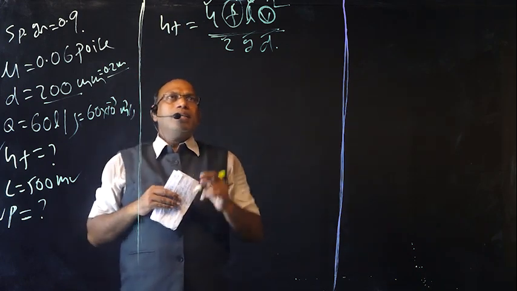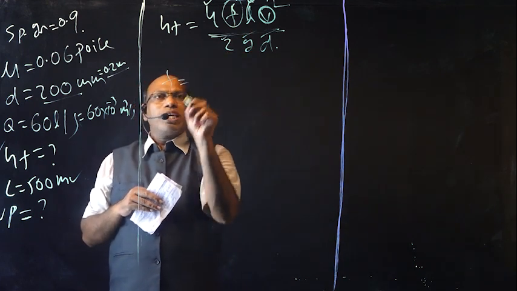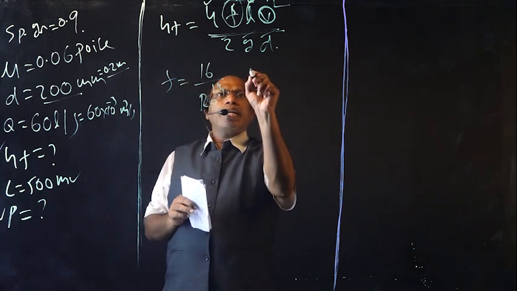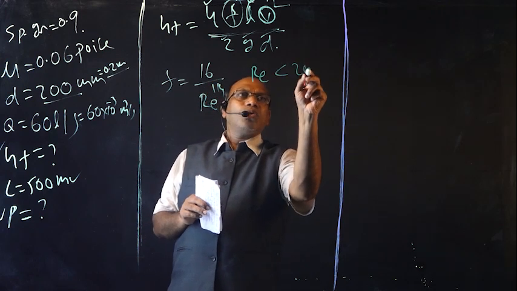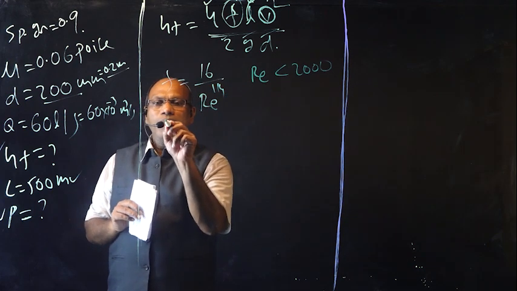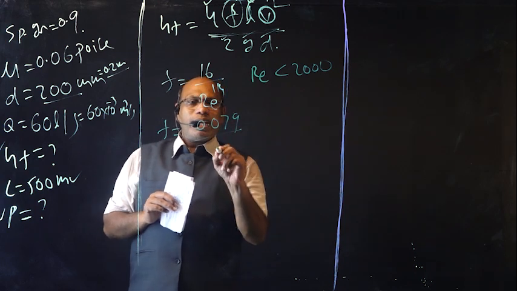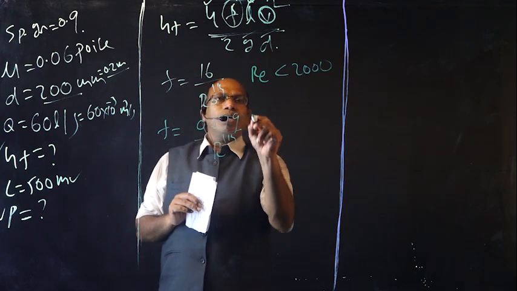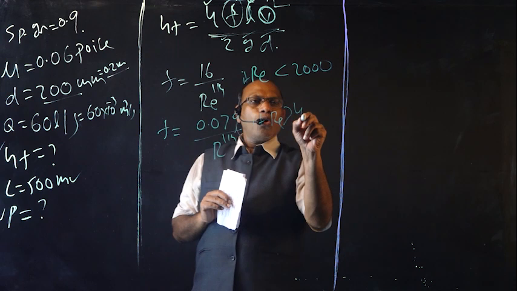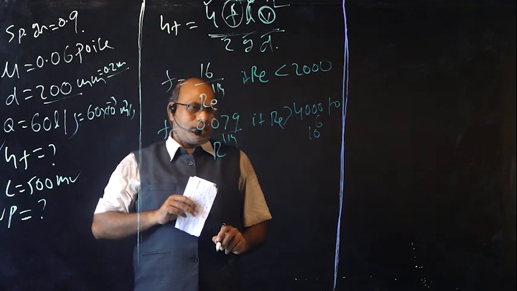Right. Here for the determination of the coefficient of friction, F is equal to 16 by Re if the Reynolds number value is less than 2000. Another condition, another formula: F is equal to 0.079 divided by Re power 1 by 4, if Re is more than 4000, or Re is in between 4000 to 10 power 6.